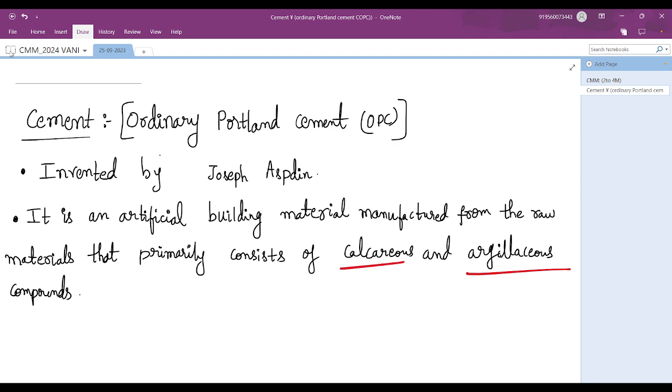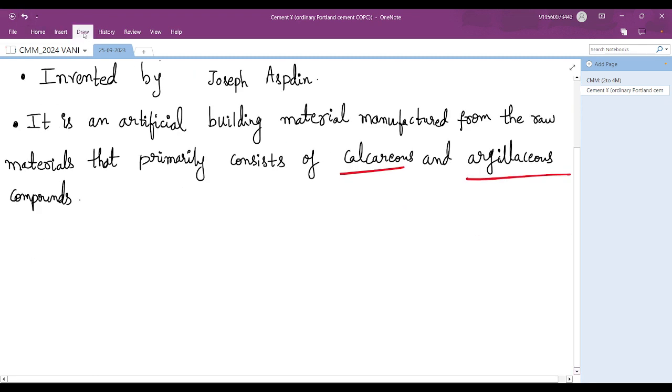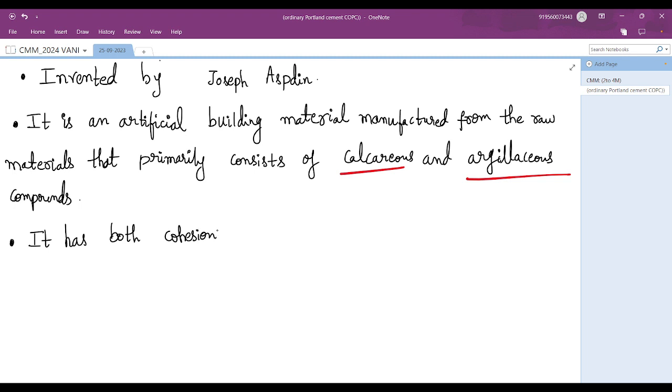Due to the presence of these calcareous and argillaceous compounds in the raw materials, cement has both cohesion and adhesion in the presence of water.